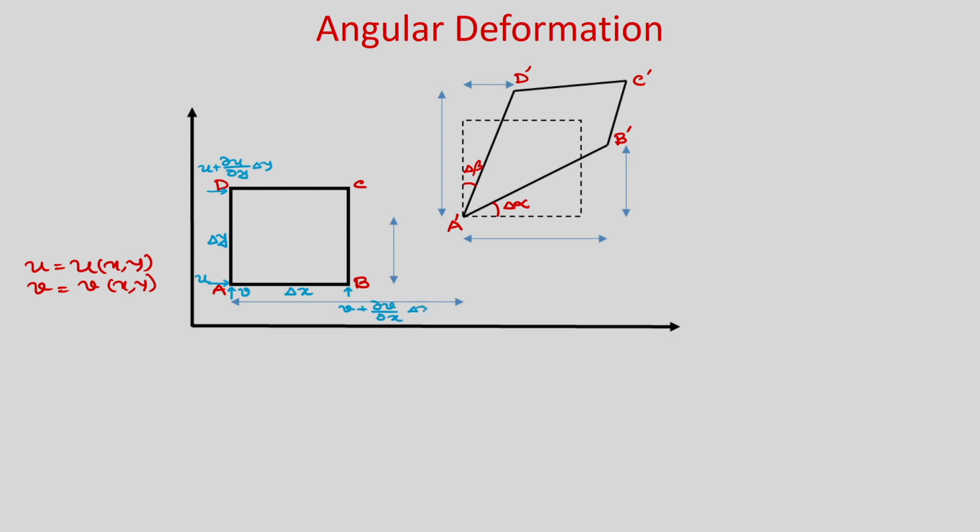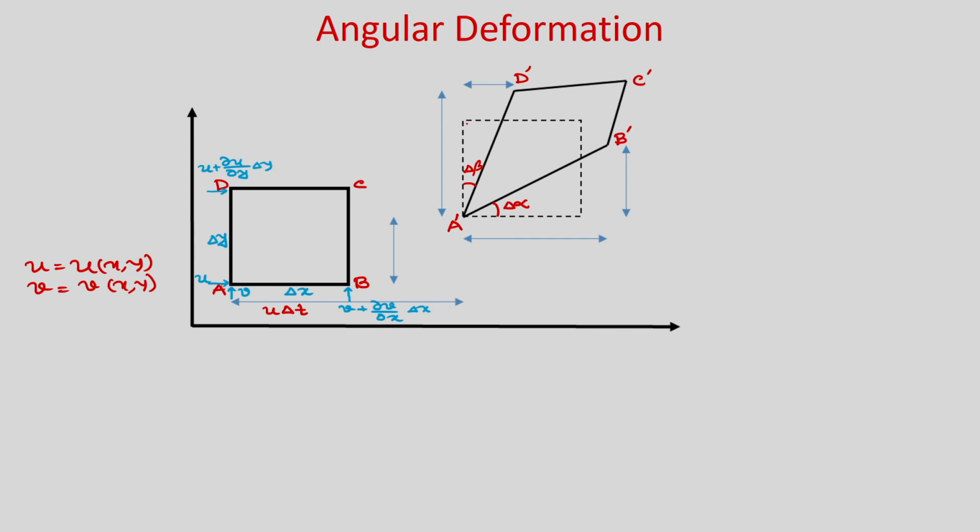Now, if you consider the change in position from time t to t plus delta t, because it has the velocity u, A to A prime in time delta t will be u into delta t.